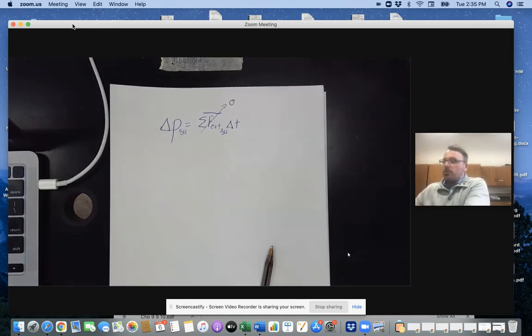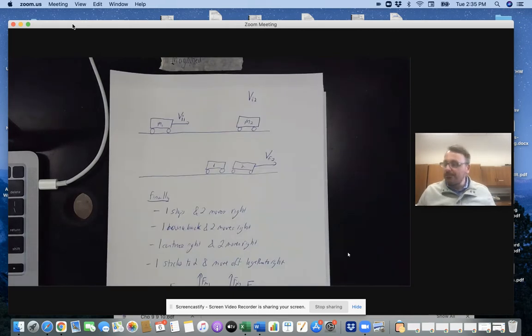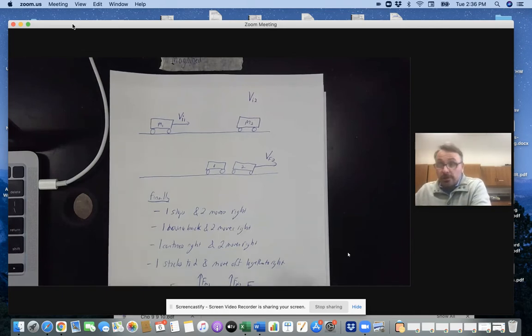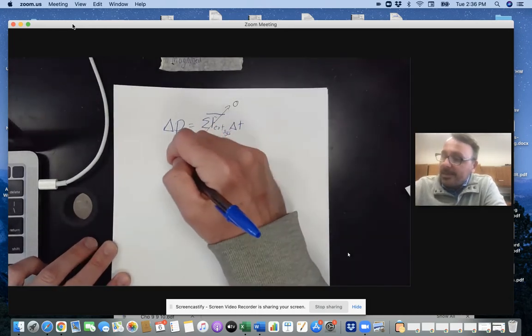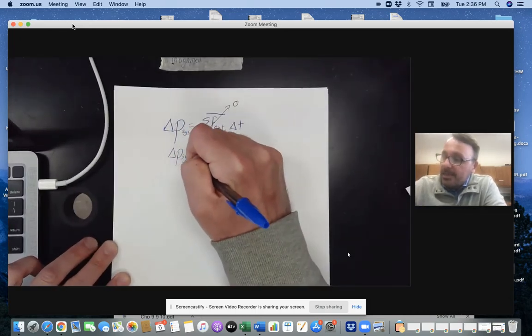Because there is no net external force on the system in the x direction here, because the only forces that are acting are internal to the system, the force of 1 on 2 and 2 on 1. And so that means that delta P sys is equal to 0.